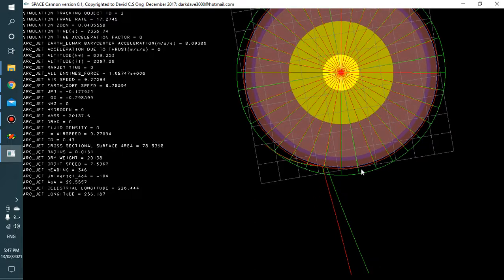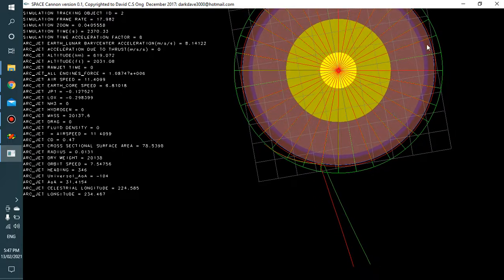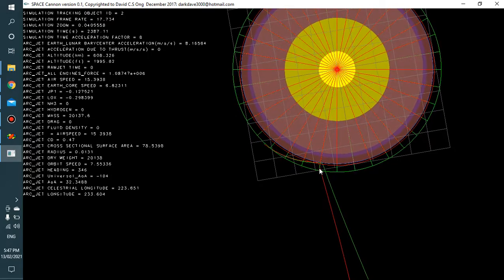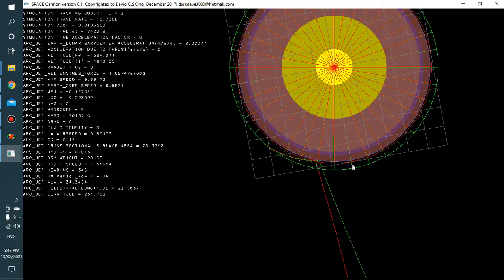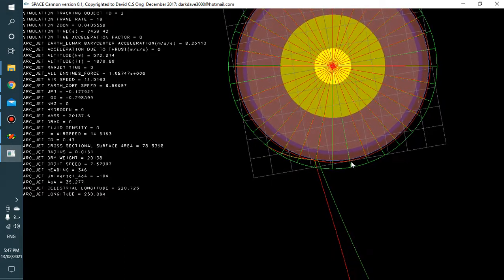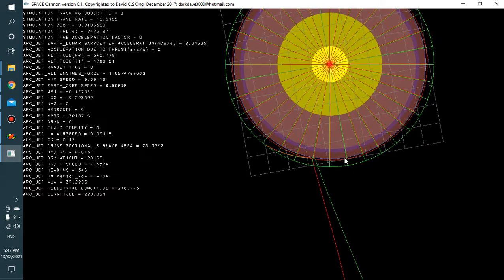And as you can see, this square grid is now slightly tilted. That shows that the Earth has rotated since takeoff. So our target really should be here, where my mouse arrow is.